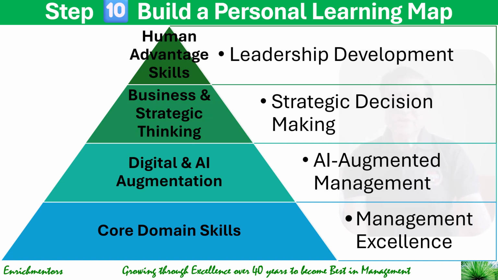And this becomes your lifelong learning structure. If you focus on this itself, it will take you a few years to learn fully in management excellence, AI augmented management, strategy, and leadership. This is a lifetime of work on your plate, right? So build a personal learning map like this.